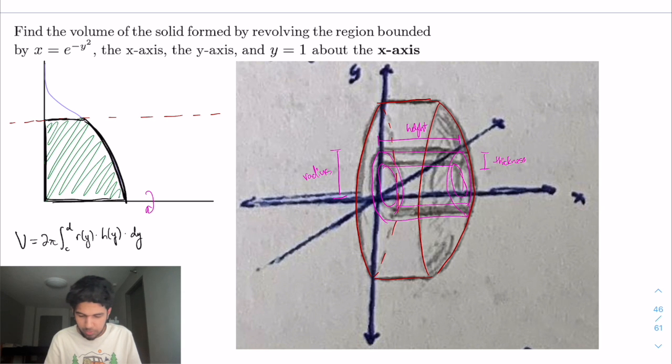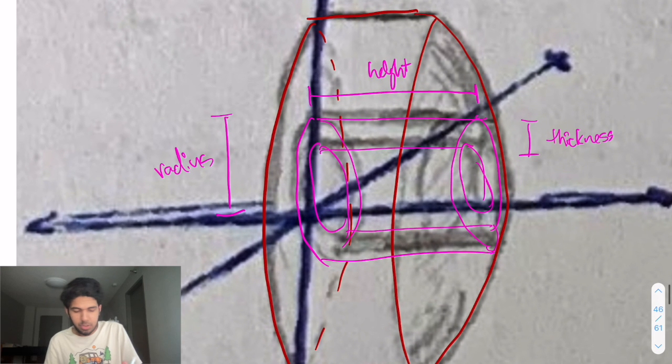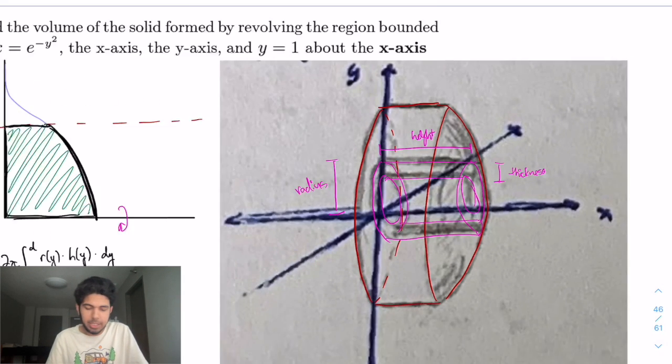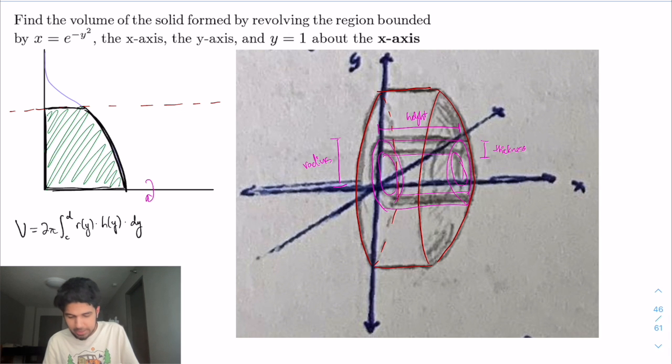So we have 2 pi. Let's try to find the radius and the height. Since we're integrating with respect to y, we want to think about the radius in terms of y. Here, the radius is just going to be whatever value of y we're at, because the other part of the shell will be at negative y. Remember, it's symmetric around that line. So radius is going to be equal to y, just like before.